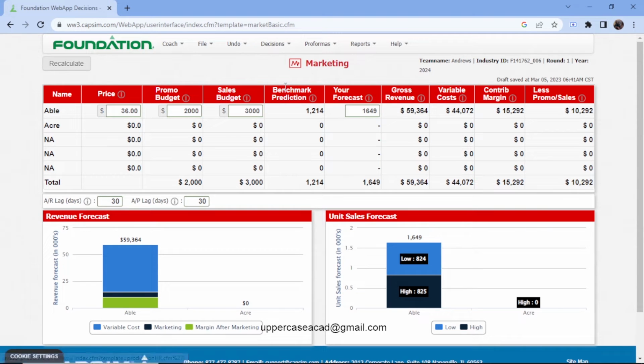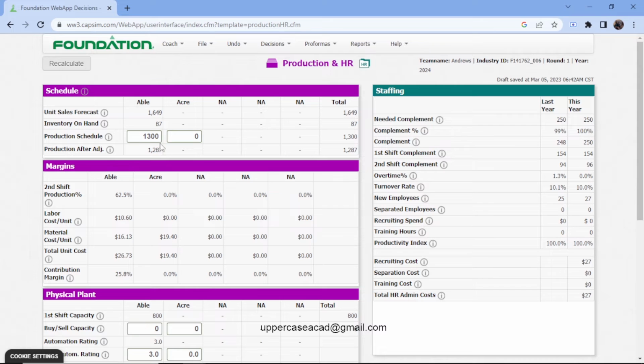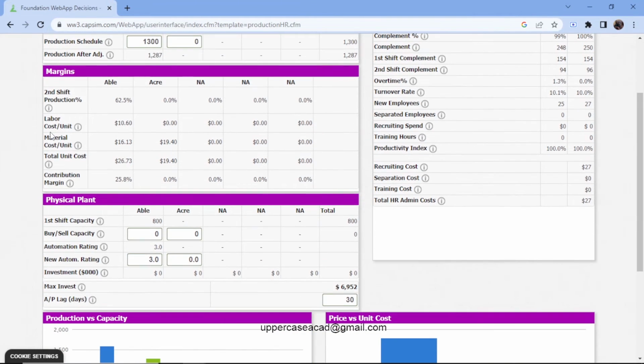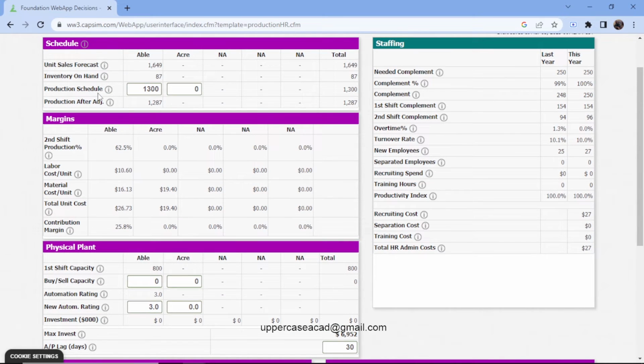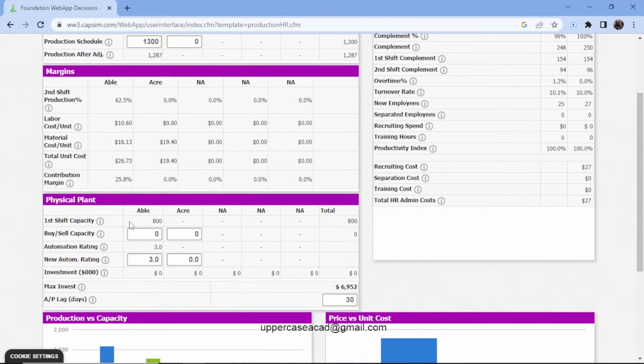Under production, we see the unit sale forecast, the inventory on hand, and the production schedule. Here I'll have to make decisions in three areas. The first area is the production schedule. The second is the capacity, whether I want to buy or sell capacity.